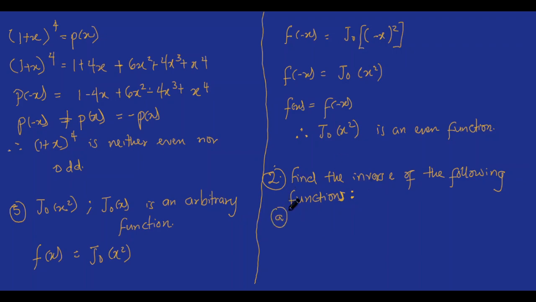So the first of the functions is x minus 1 divided by 2x plus 3, and the second function is x squared plus 2x. We have also been told that we can restrict the domain if necessary. Let's try to solve this.